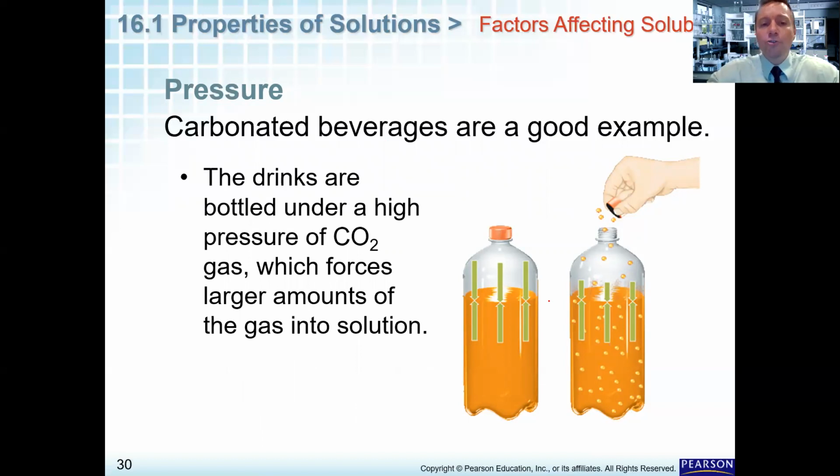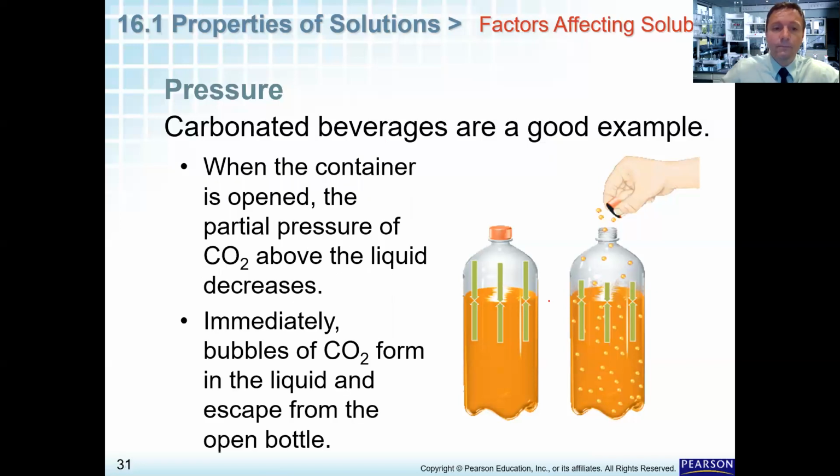So the bottles are under high pressures of carbon dioxide, which forces large amounts of gas into solution. So it dissolves in the solution. When the container's open, the partial pressure above the liquid decreases. That's why if you open a bottle of soda and just leave it sit, and you come back later with no lid on it, all the gas will eventually escape.